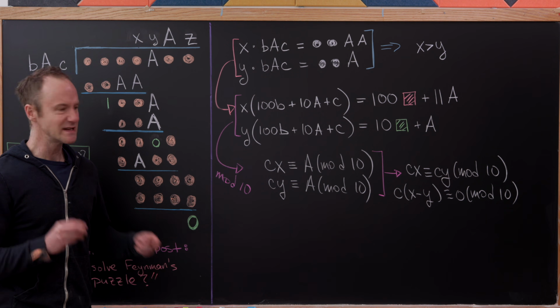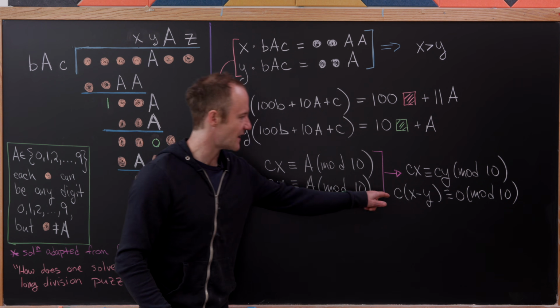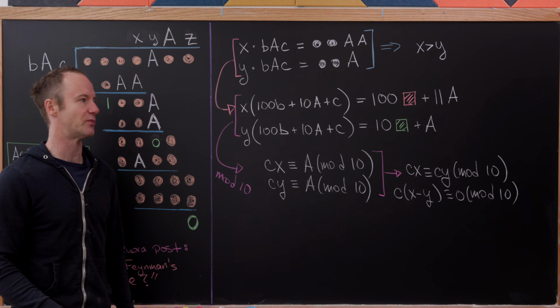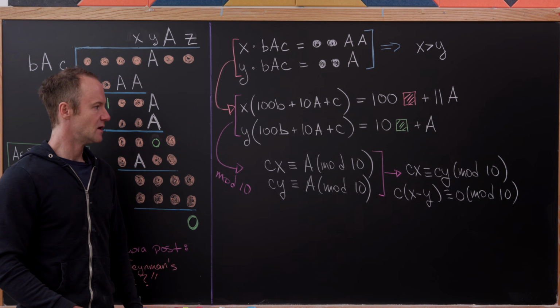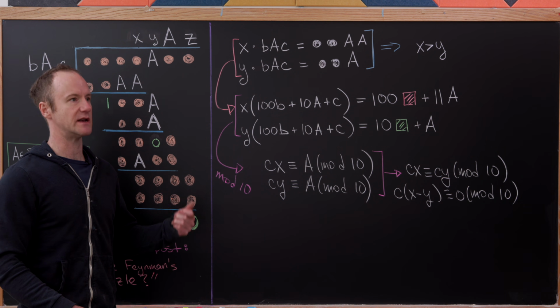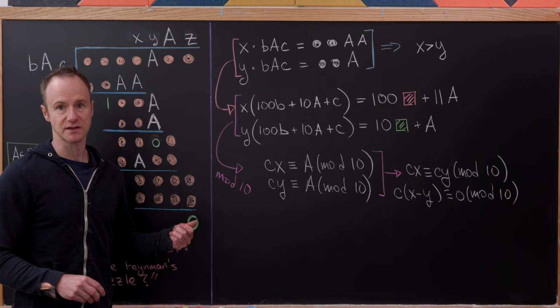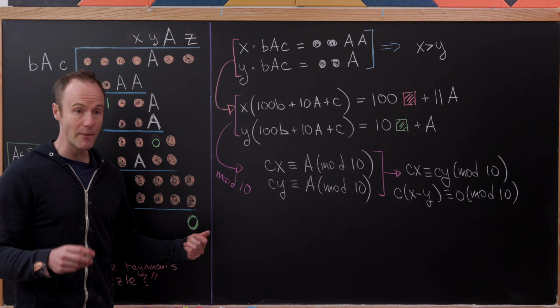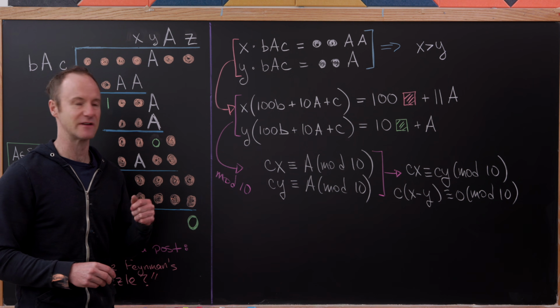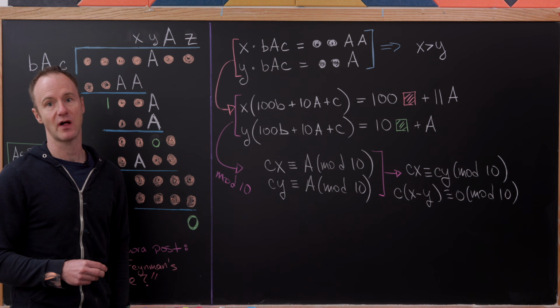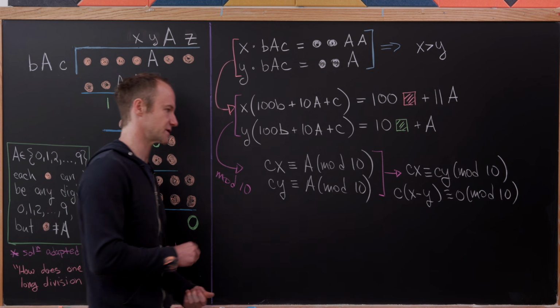Okay, well, what does that really mean? That means if we divide c times the quantity x minus y by 10, we get no remainder, so it's a multiple of 10. But let's see. C is a number between 0 and 9. X minus y is also going to be between 0 and 9. So there are only a couple of, or actually exactly 4 multiples of 10 that you can arrive at by multiplying two one-digit numbers.